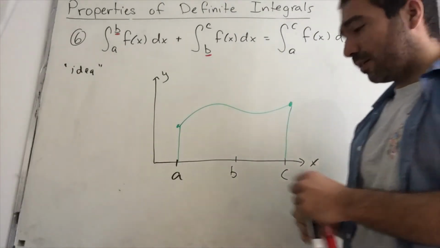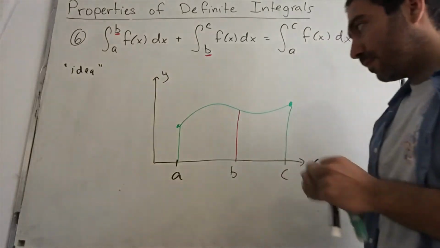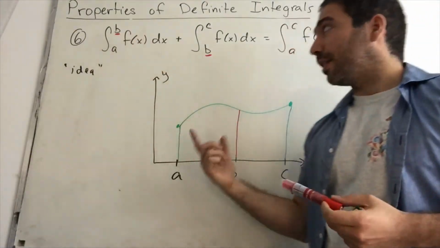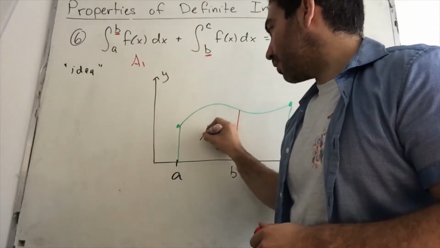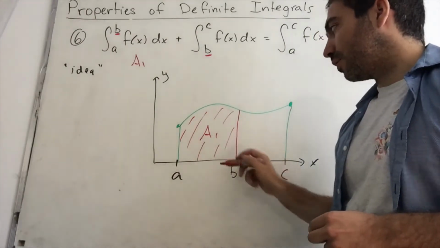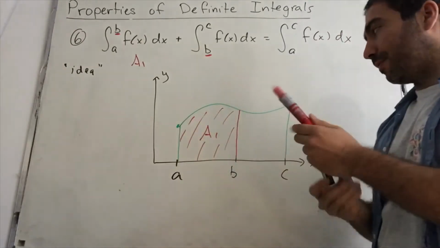All this is saying, let's do b in red. If you take the integral from a to b of f of x, that integral represents area 1, which is just this, the area under the curve, this region here. So we're integrating from a to b this function here, the green function is f of x.